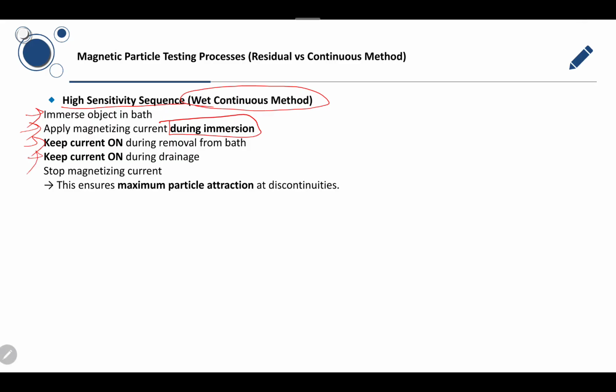Next, keep the current on during drainage. Stop the magnetizing current only after the part has drained. This specific sequence ensures maximum particle attraction at discontinuities because the magnetic field is active throughout the critical stages of particle application and formation. This covers the critical aspects of magnetic particles and their properties from our source.